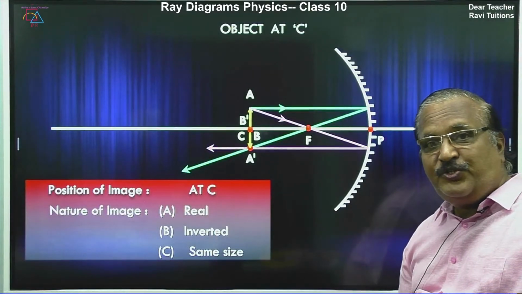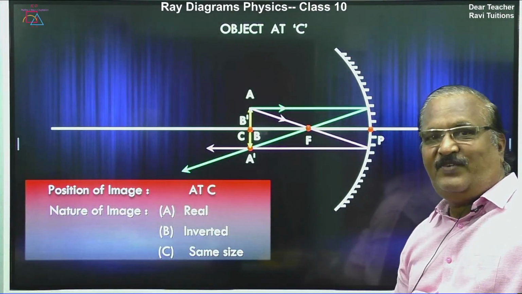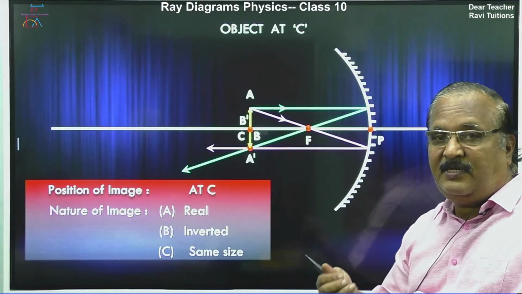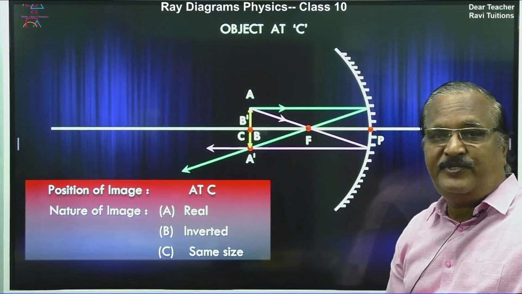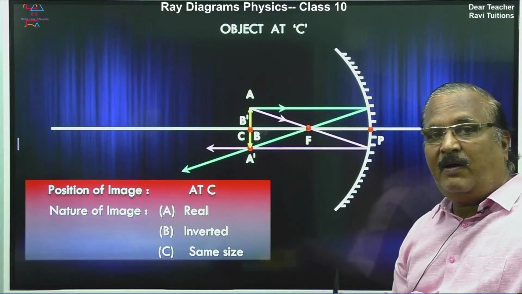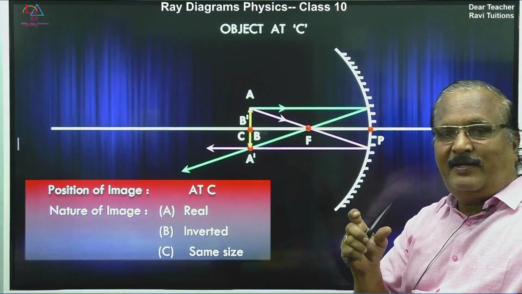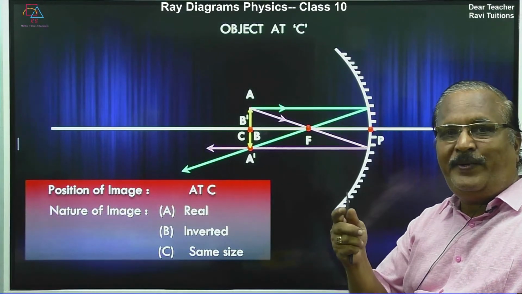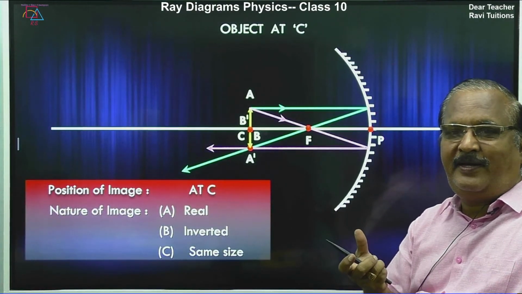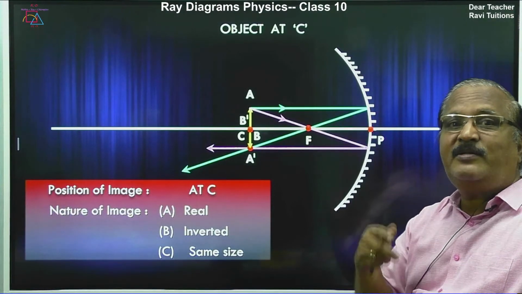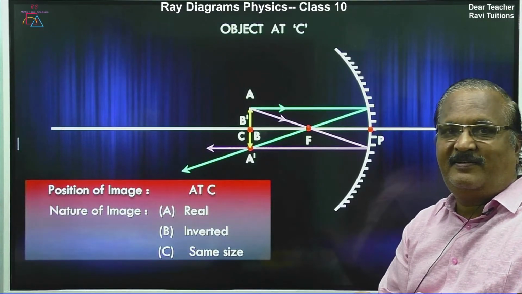First you should know what is real, what is inverted, what is magnified or diminished. These three things may come even in MCQ questions. An image is real when you can take the image on a screen. It is virtual when you cannot take the image on the screen.